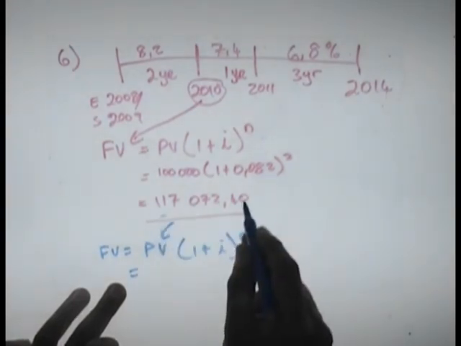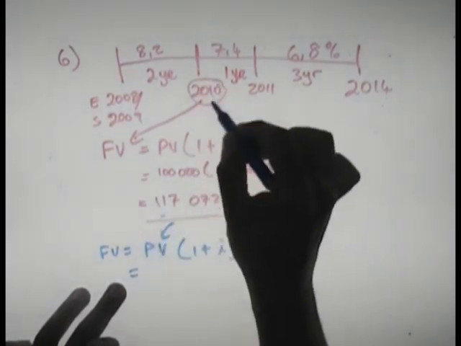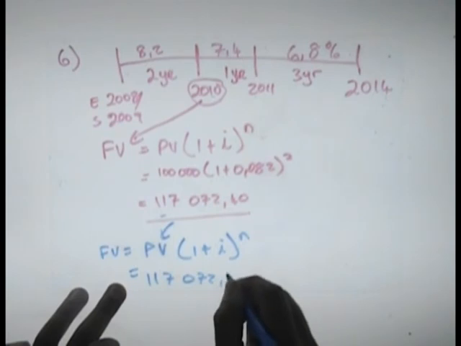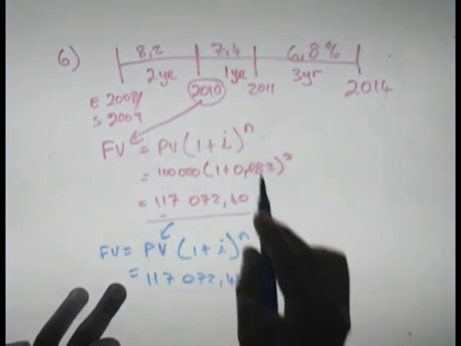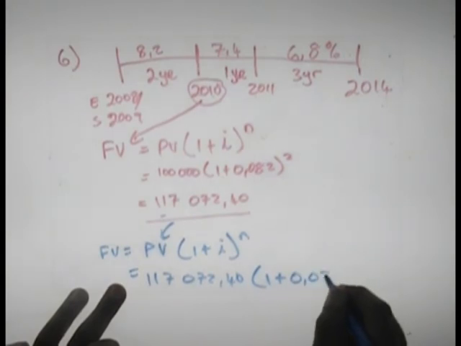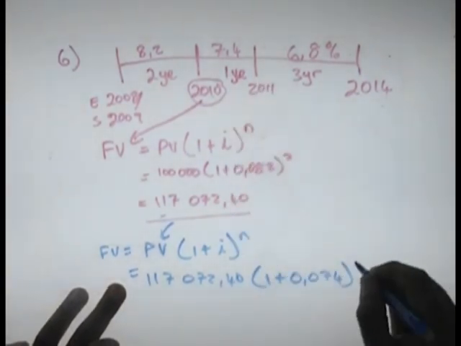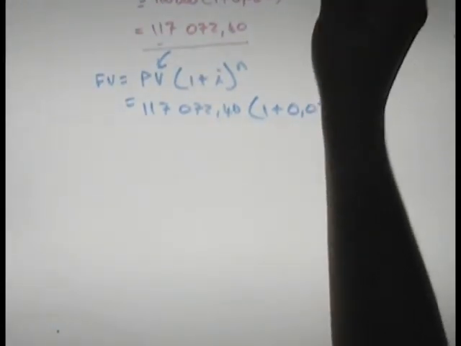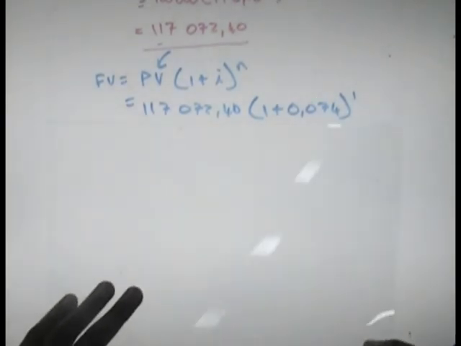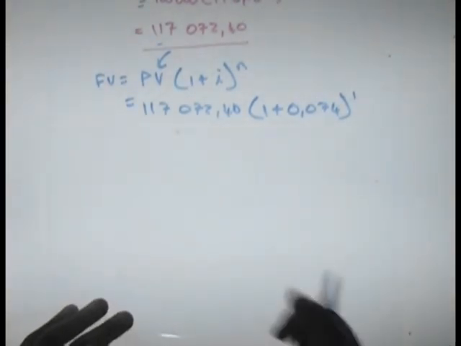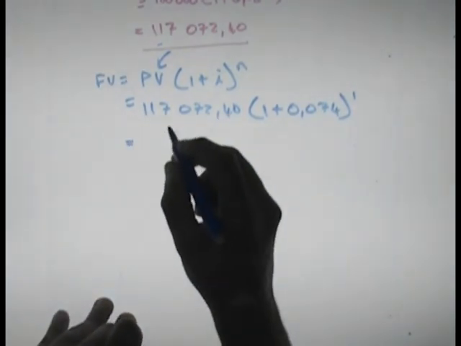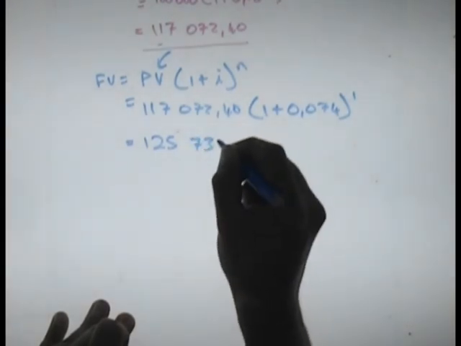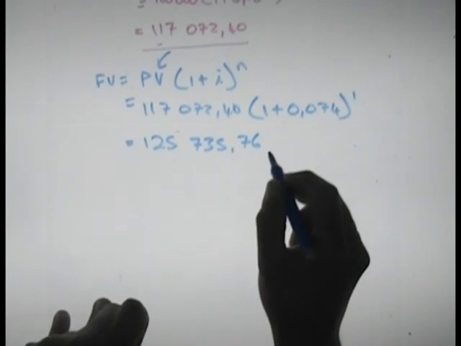Present value is the value of our asset at the end of 2010, which is 117,072.40, 1 plus our inflation outlook of 0.074 to the power 1 year, which will give me an answer of 125,735 Rand 76 cents.